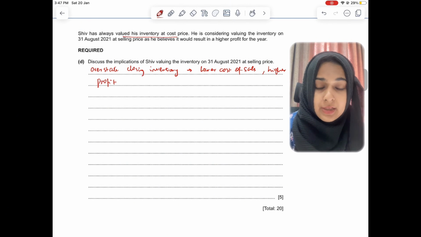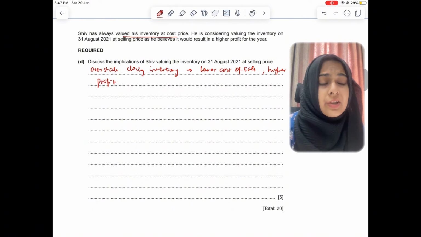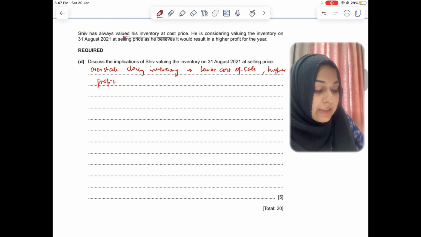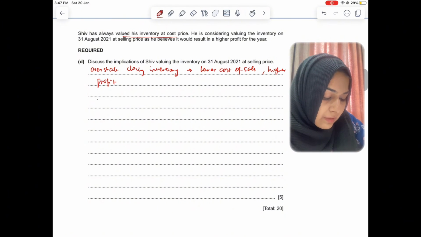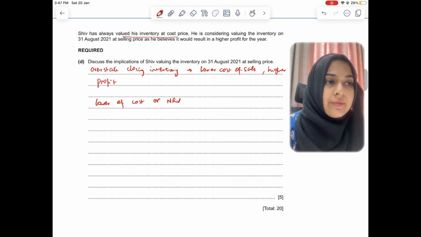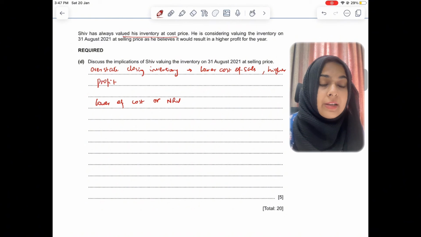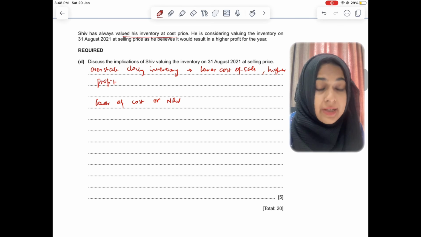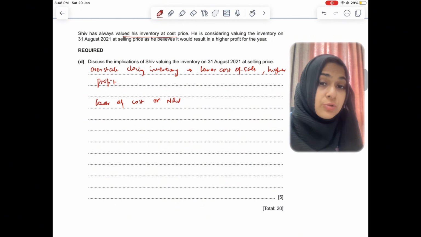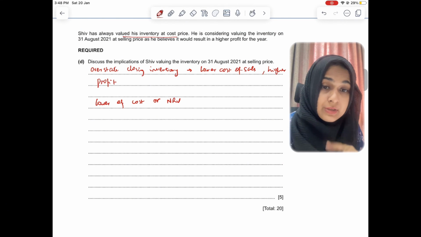Because you have overstated closing inventory, and the rule for any inventory valuation is that you value your inventory at lower of cost or net realizable value. If you value your inventory at selling price, obviously selling price includes profit. The remaining inventory left in the business, which has not been sold, is the closing inventory, so you can't overstate it like this, because this goes against the principle of prudence, which says that you don't overstate your assets and you don't overstate your profits.